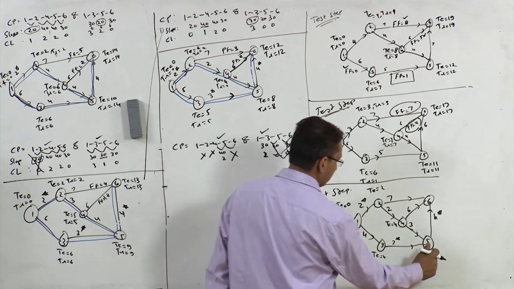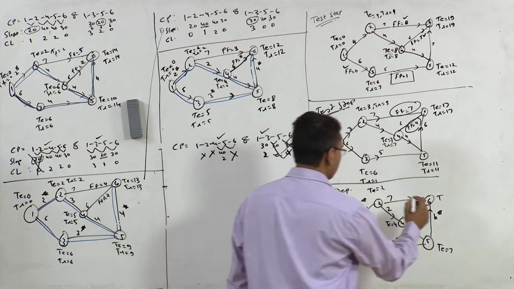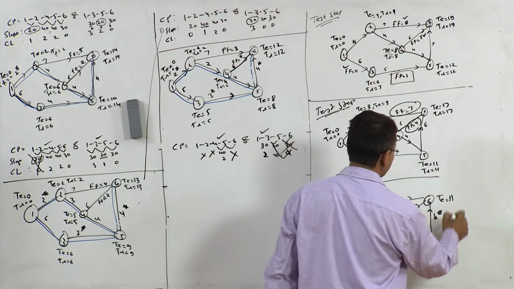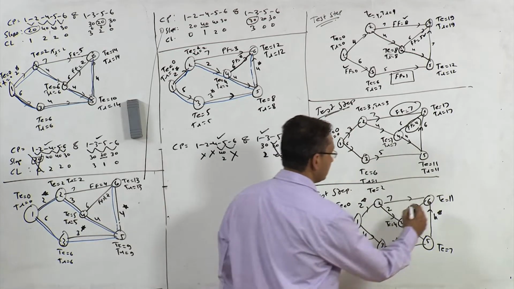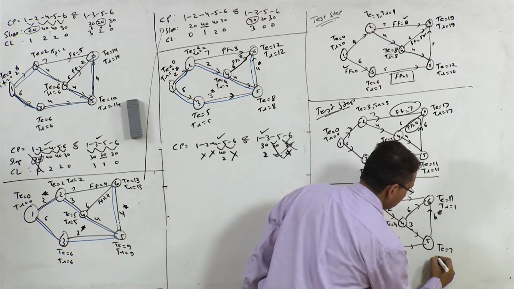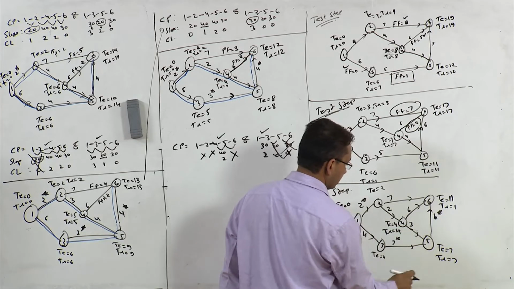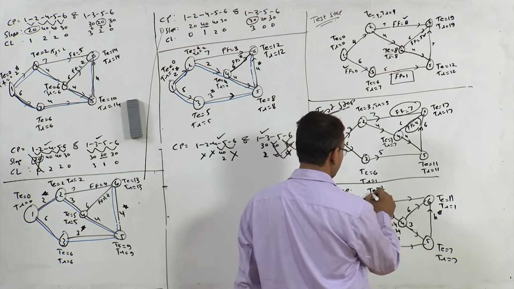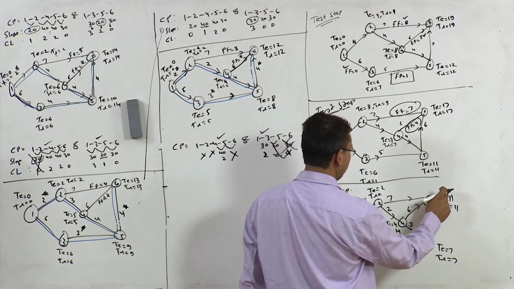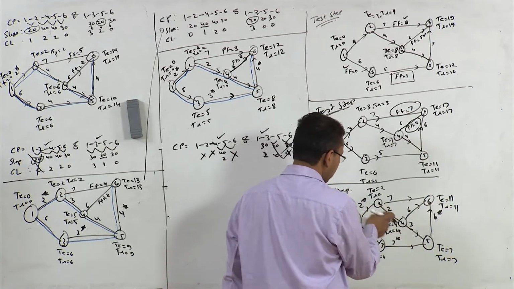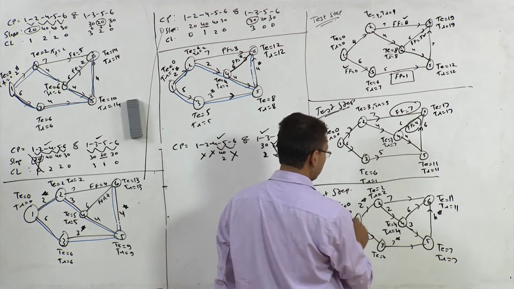So this is 7, this is also 7, this is also 11, right? And TL here is 11, TL here is 7, TL at this point is 4, right? 7 minus 3 is 4, TL here is 11, we will take this path. So 4 minus 2 is 2, TL is 0.